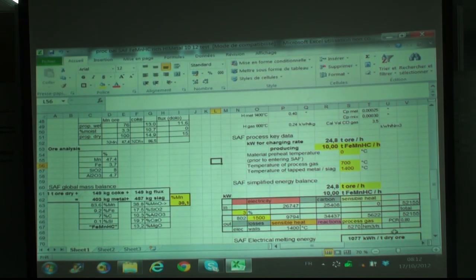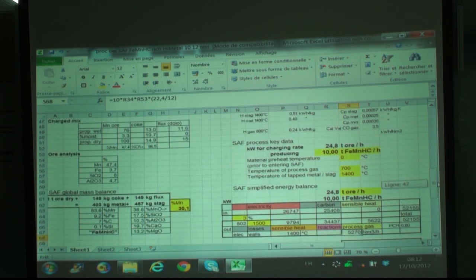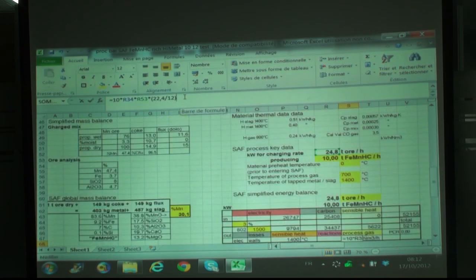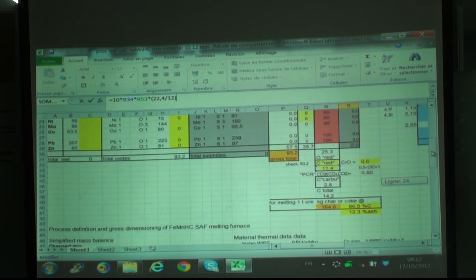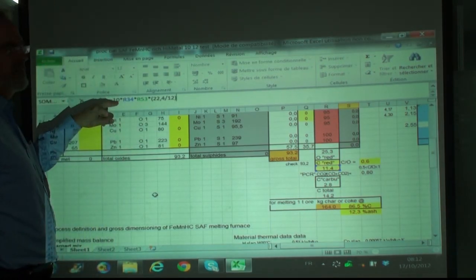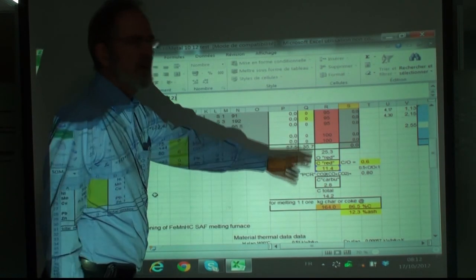Maybe we begin with the process gas, because you also asked me how this is calculated. The process gas amount is in cubic meter per hour. It is just per ton of ore. There is a factor of 10, because here all is calculated per 100 kilo.